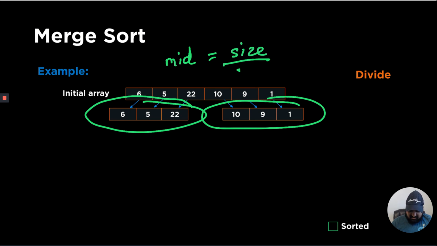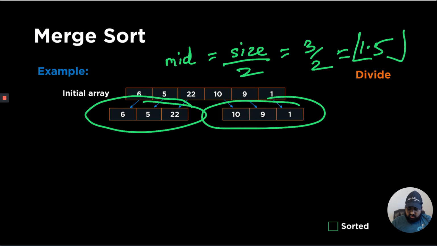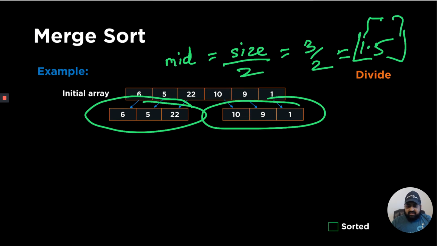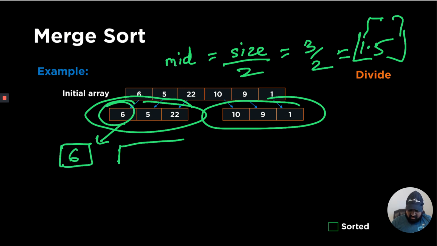In this case it will be 3 divided by 2, which is 1.5. So you can stick to either one of them: you can take either the floor of this number or the ceil of this number. Let's say we stick to taking the floor of this number. Then we are going to call merge sort on this left half, which is 6, and then we are going to call merge sort on the right half, which will be 5 and 22.